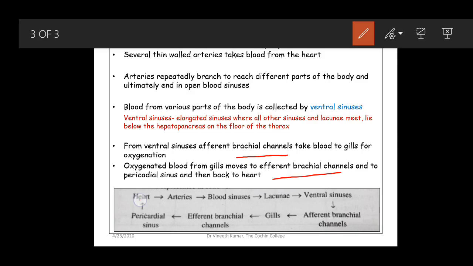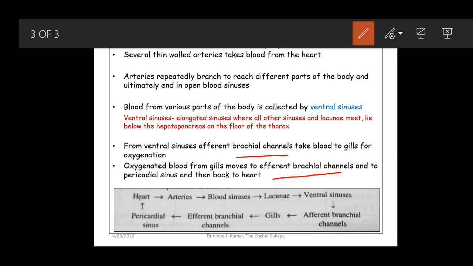So we have the heart, which is a triangular heart. As we said earlier, it is lying in a cavity which is called the pericardial sinus, which has a membrane called the pericardium, which is also porous, through which blood enters the sinus.